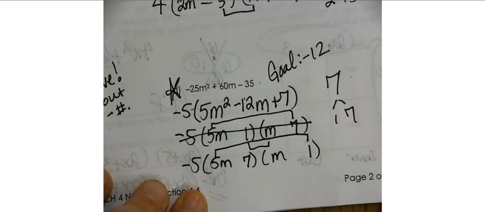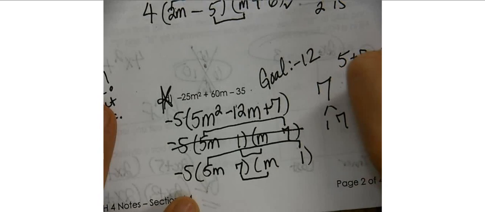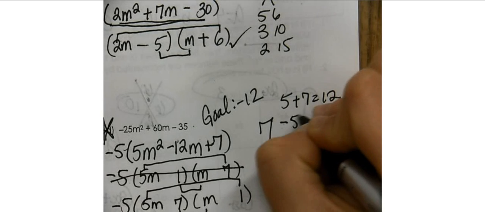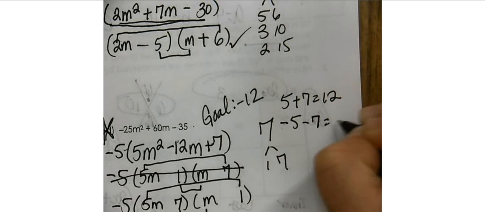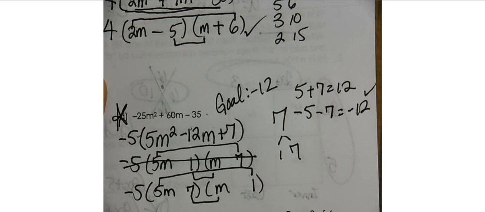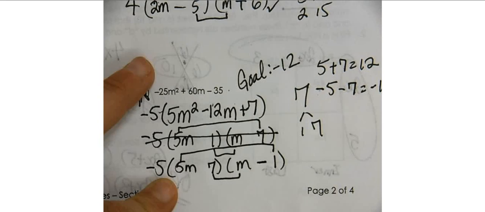Okay, so we have 5 times 1 is 5, and 7 times m, that's going to be 7. 5 plus 7 I know is 12. So I know 5 plus 7 equals 12, but I want a negative 12. So let's try negative 5 minus 7 equals negative 12. And that's actually what I'm looking for. So I need to turn 5 into a negative 5. So that means I'm going to have to make 1 a negative.